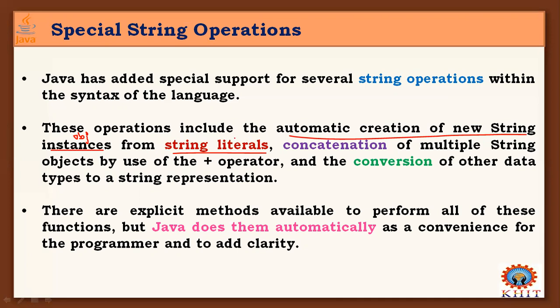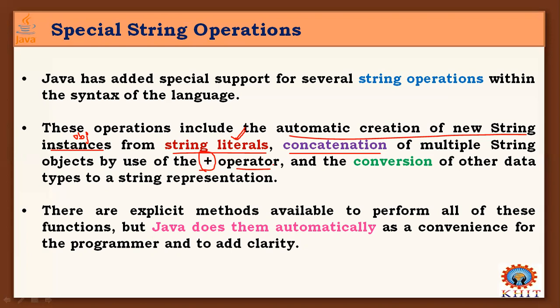And we've seen the topic in the previous video. And concatenation of multiple string objects by using a special operator. Here it is the addition symbol plus. So this is the only operator overloaded in Java. And we know the concept of operator overloading in C++.